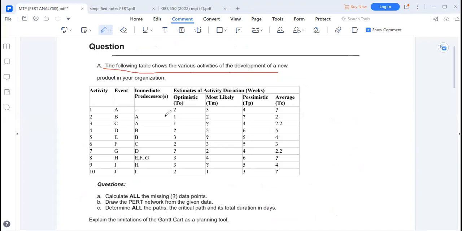So the question is here. Now they're saying the following table shows the various activities of a development of a new product in your organization.